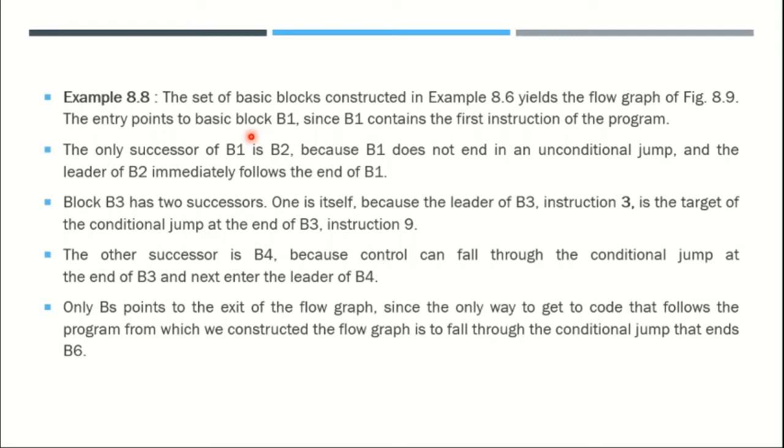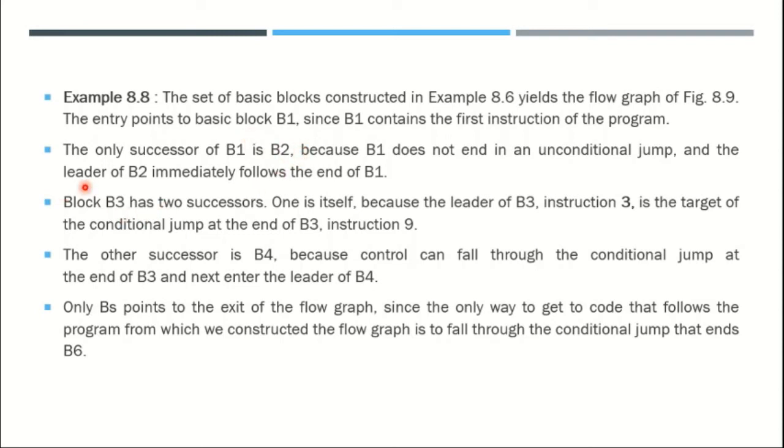Block 1 contains only one instruction, the beginning of the three address code, because the next instruction, the second instruction, is also a leader. That's why block 1 contains only one instruction. In the same way, B2 also contains only one instruction.